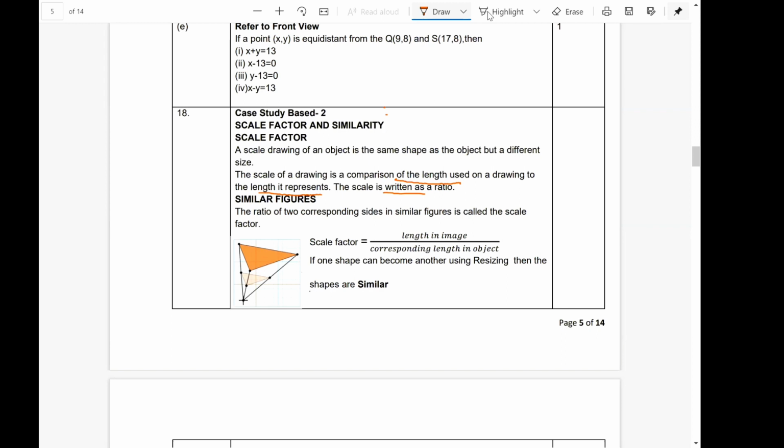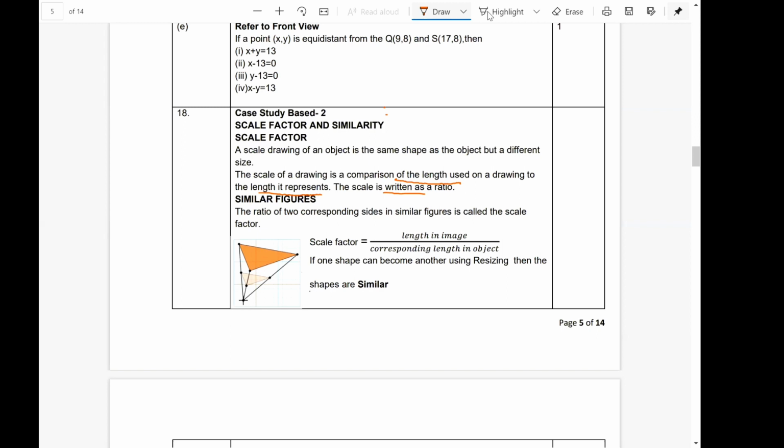For similar figures, the ratio of two corresponding sides in similar figures is called the scale factor. As you know, for similar figures, the shapes will be the same, but size may not be the same. So one size will be smaller, and the corresponding side in the bigger one, that ratio is a scale factor. It is length in image upon corresponding length in object.